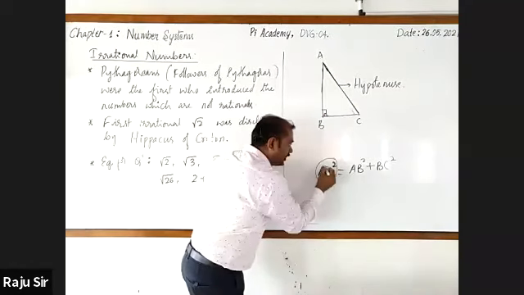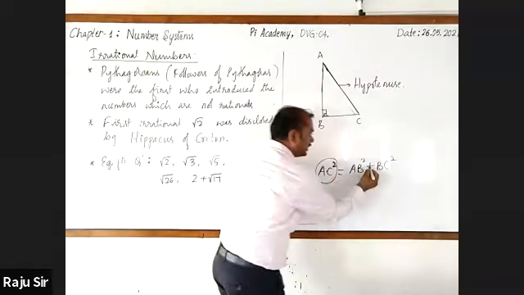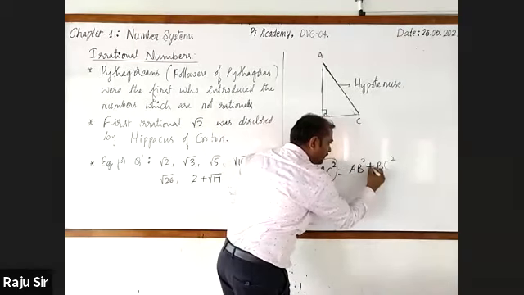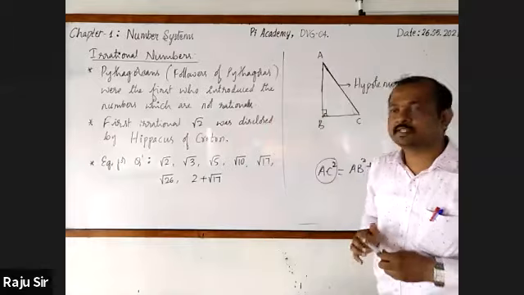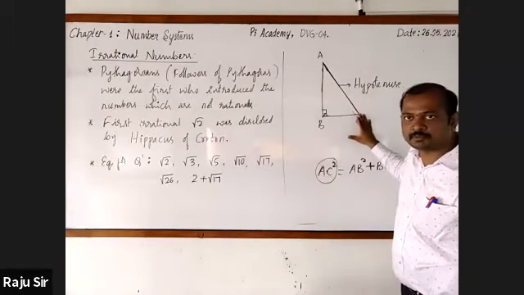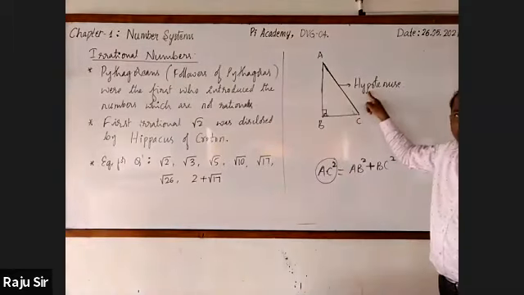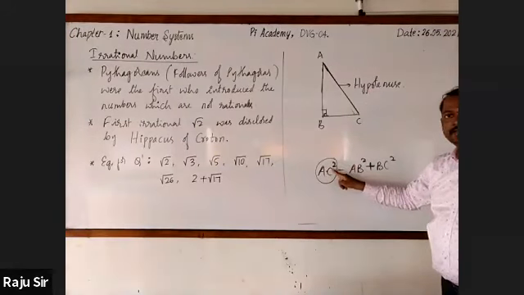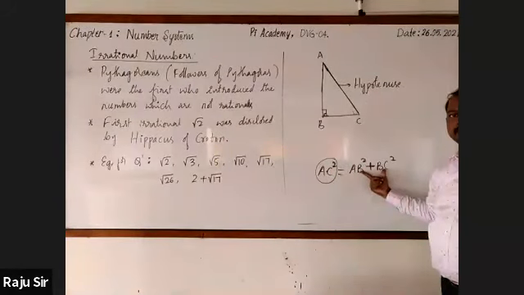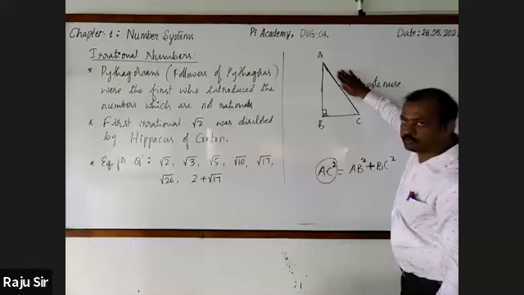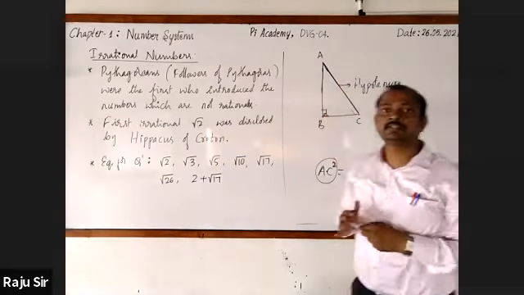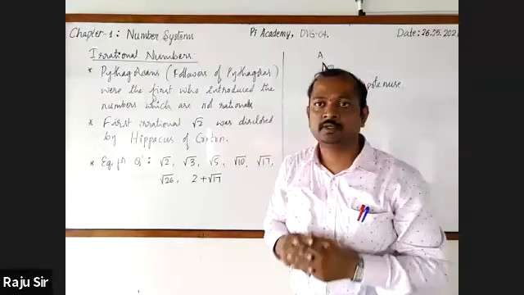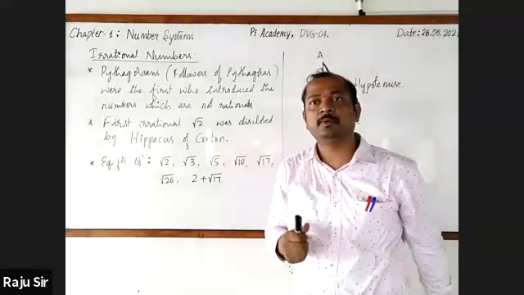The square of the hypotenuse is equal to the sum of squares of the other two sides. Got it? According to Pythagoras property, in any right triangle, the square of the hypotenuse is equal to the sum of squares of other two sides. This is Pythagoras property. Got it? And it is very important for us.